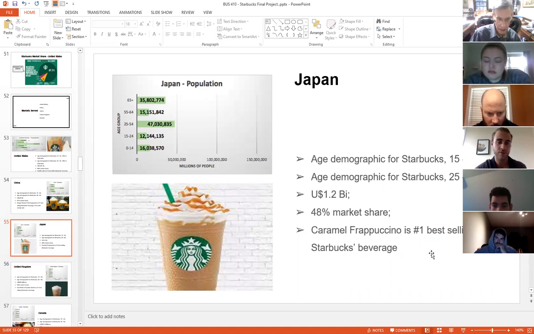Another thing about Japan is you can see that the 25 to 54 group proportionally isn't quite as large, because Japan is a very old society. You can see how much larger that top bar is. So Japan's going to be a little more difficult to grow in because of the demographic characteristics of the country.